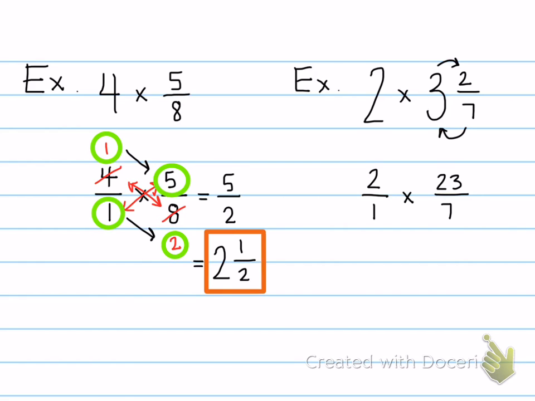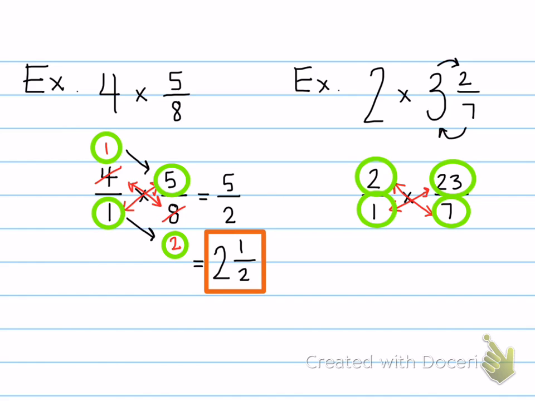When you looked for any simplifying in this problem, you should have noticed that you can't simplify 1 and 23. You can't simplify 2 and 7. 2 and 1 are already simplified. 23 and 7, can't do anything there.